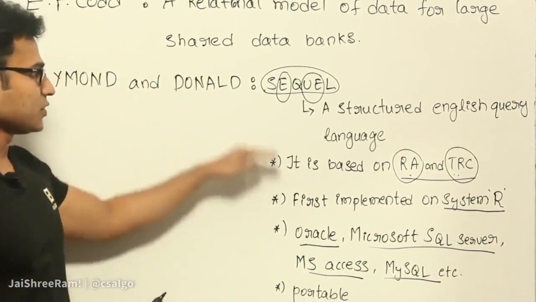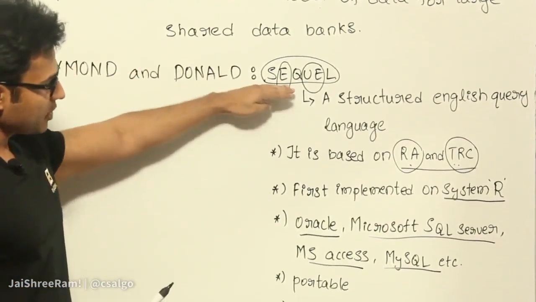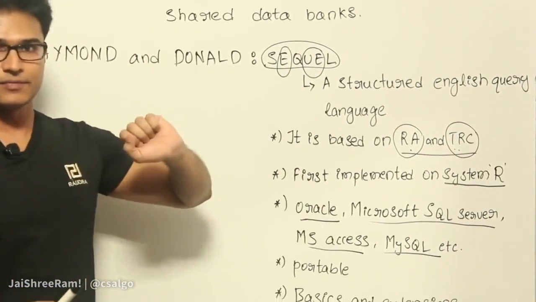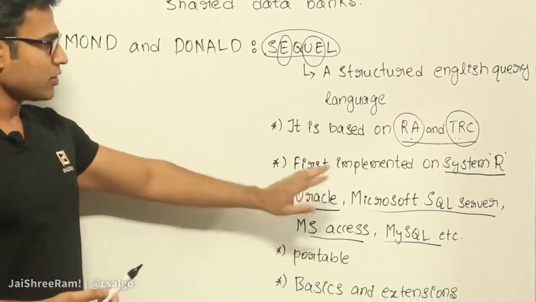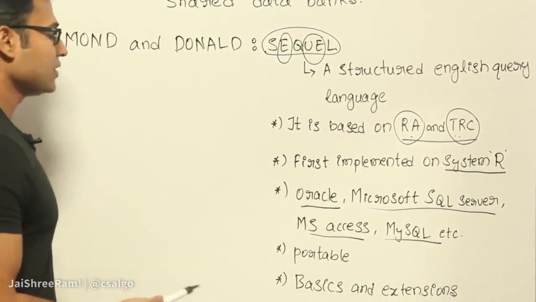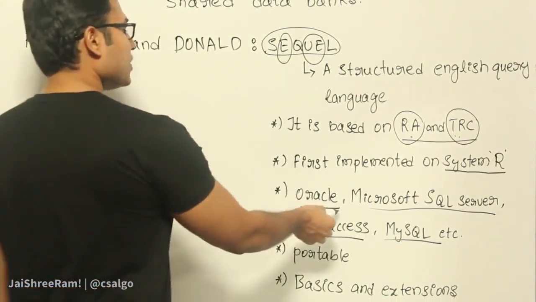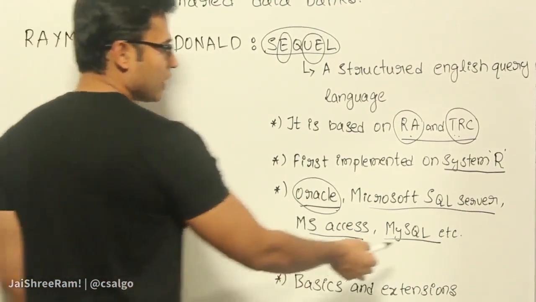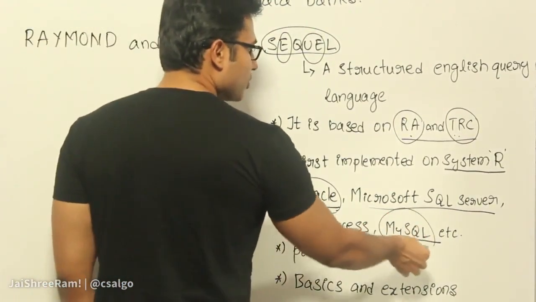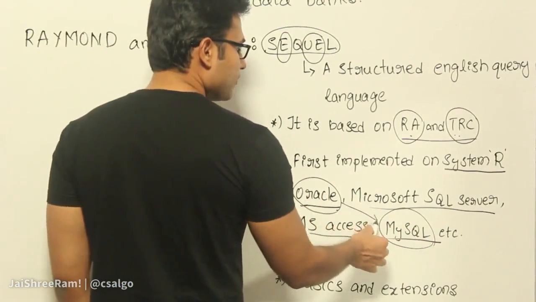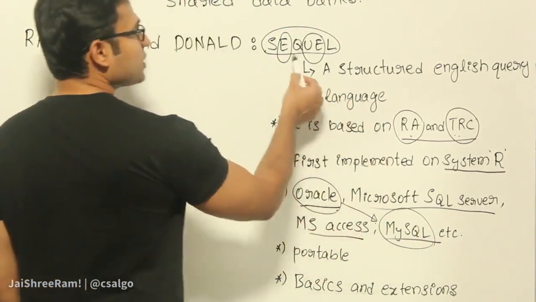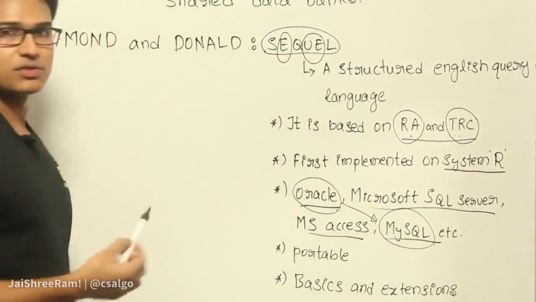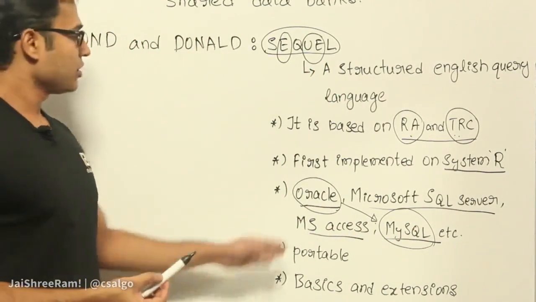Now since all of them are implementing the same language SQL, they are portable, in the sense that if you have initially designed your database based on Oracle, and after some time you want to move on to MySQL, since both of them are implementing the same features proposed in SQL, which is used as a standard, the portability is easy.